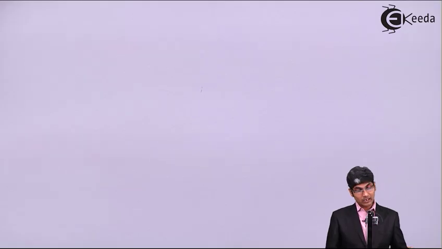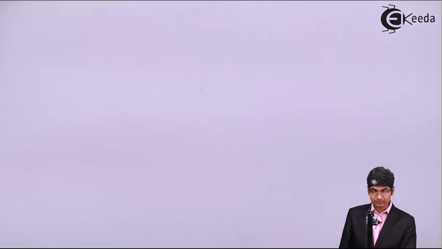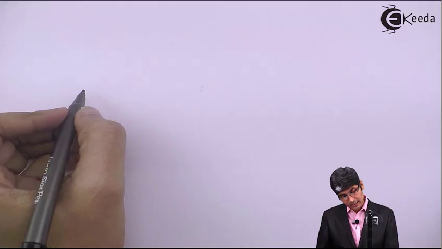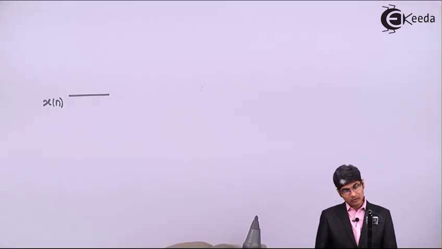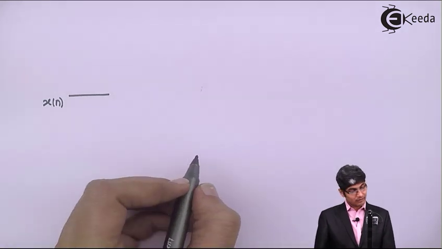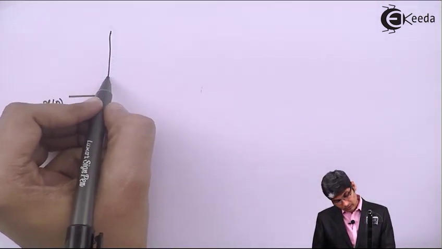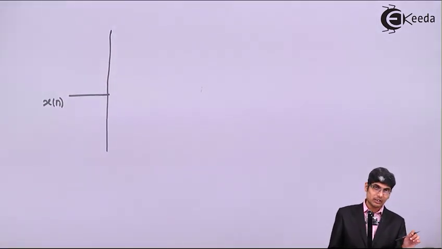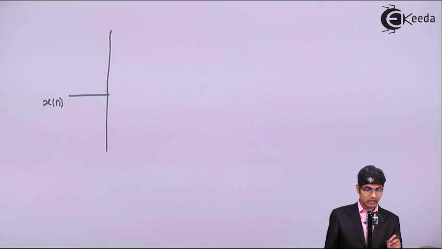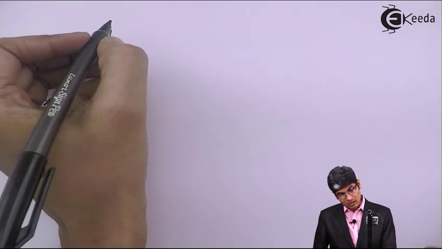How will I implement them? Very simple. For the analysis bank, let's say I have x of n. I need to translate it first. What is the translation? I need to have e raised to j 2 pi n k by n in place. How will I do it?